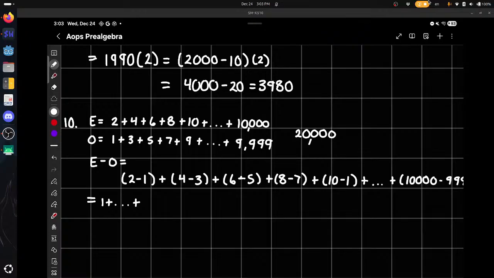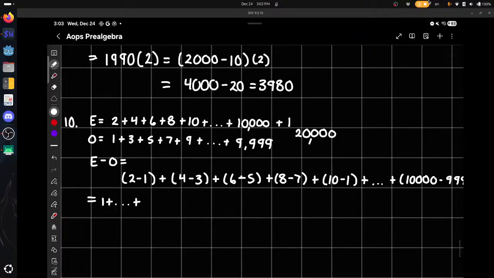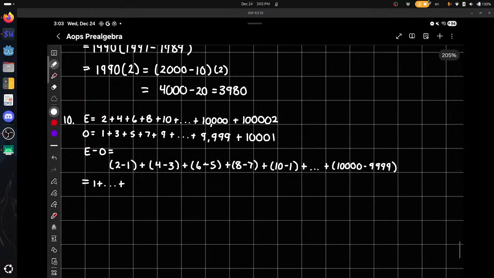What the heck? Like, would this be 2? This is that? How do you check that? Well, I guess that, okay.